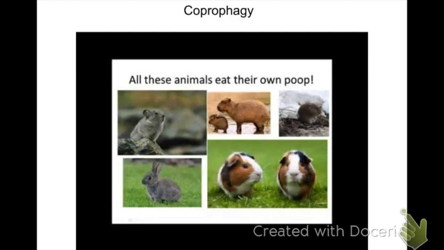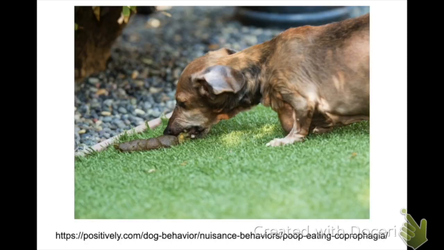So coprophagy, an interesting little fact that you may or may not know is that many animals normally eat their own stool, own feces. Rabbits and guinea pigs, it's a normal thing. They actually need to consume their feces for some of the bacteria that are present for gut health.